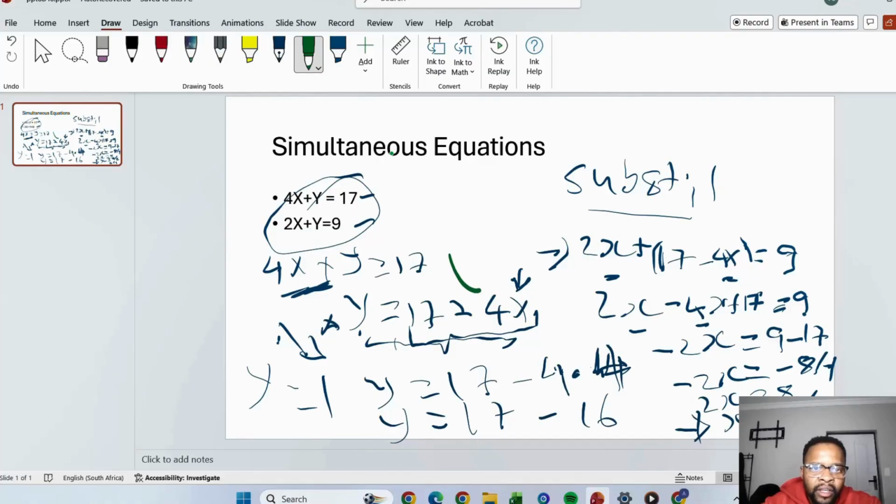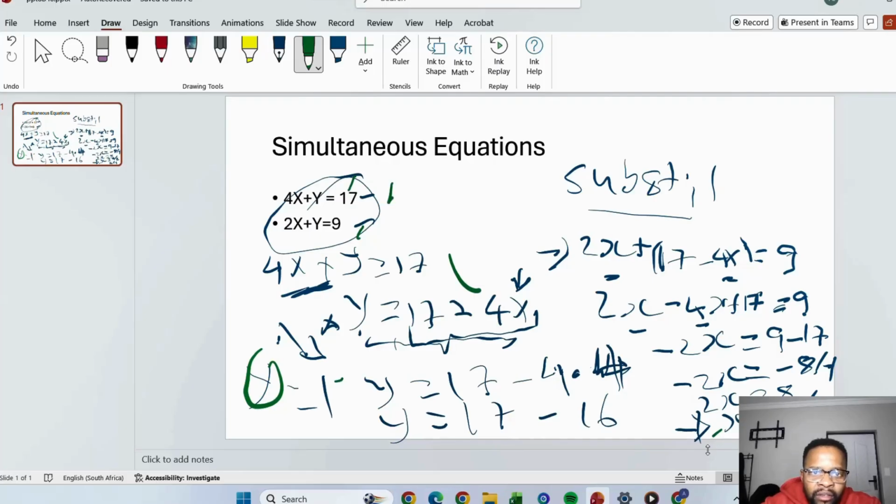This one here and that one. So we've got a value of y, which is equal to 1, and our value of x here, which is equal to 4. So we substitute the value of x, which is 4, and the value of y, which is 1.